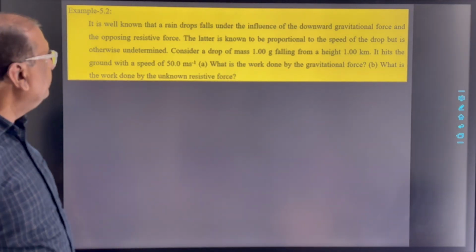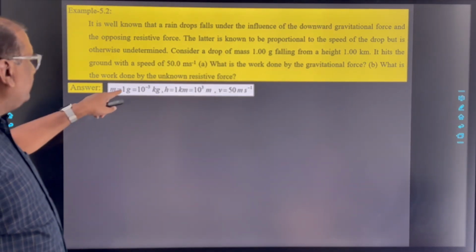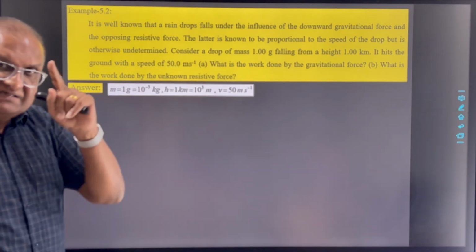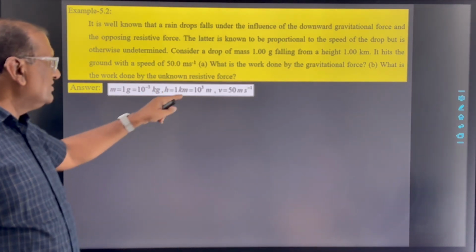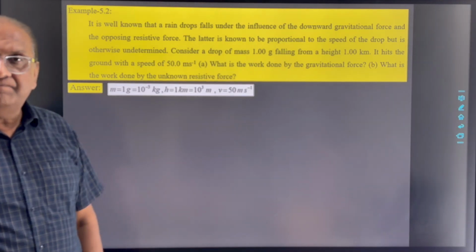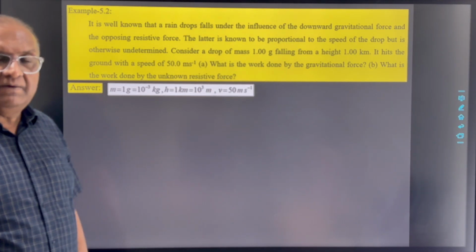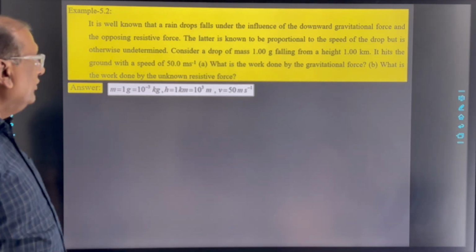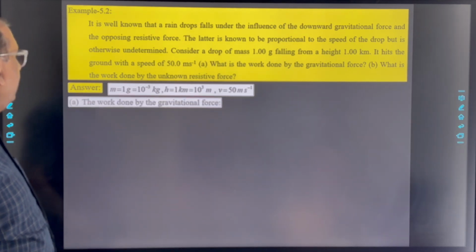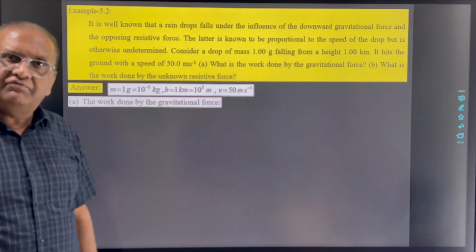First of all, the given data: mass is 1 gram, so that is 10 raised to minus 3 kilogram. Height h is 1 kilometer, so that is 10 raised to 3 meter. The final speed is 50 meter per second. The initial speed will obviously be equal to 0 here. Now, first we have to calculate the work done by the gravitational force.